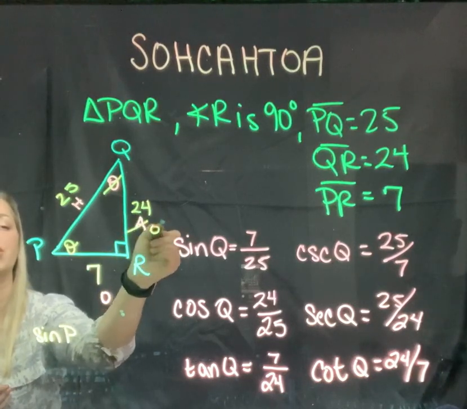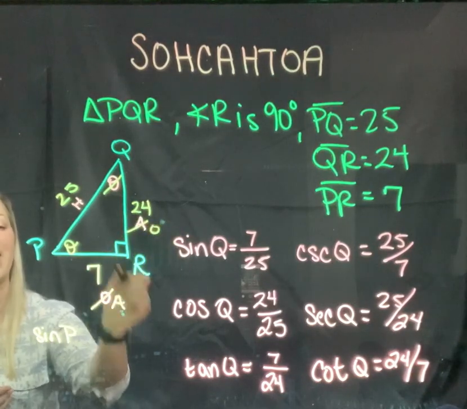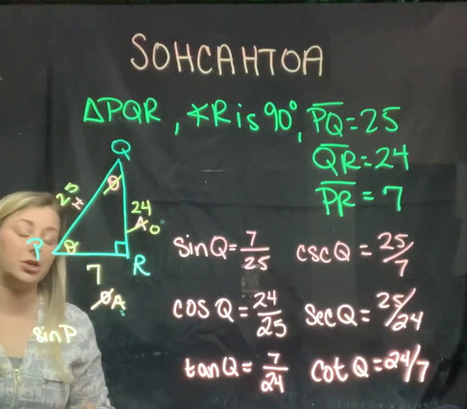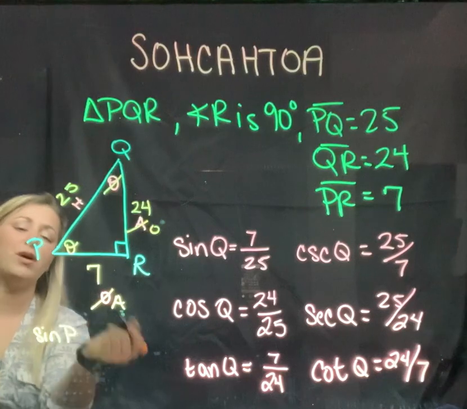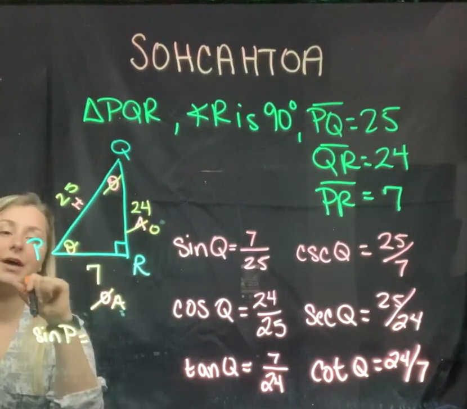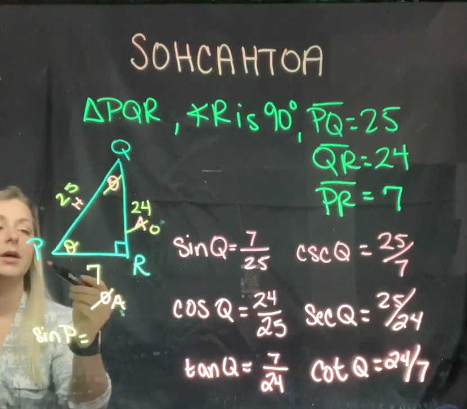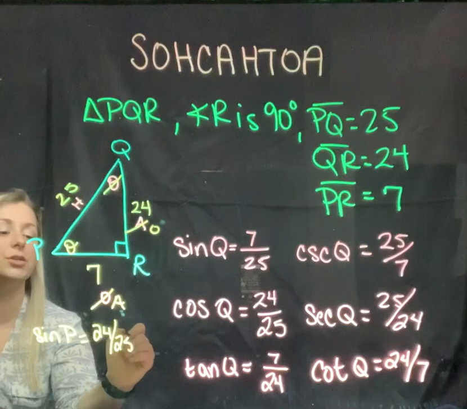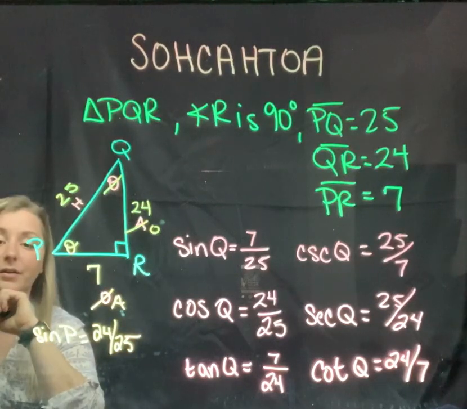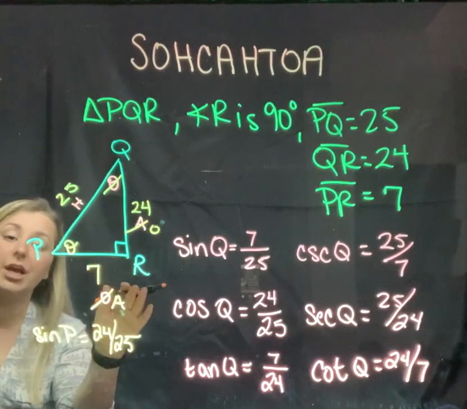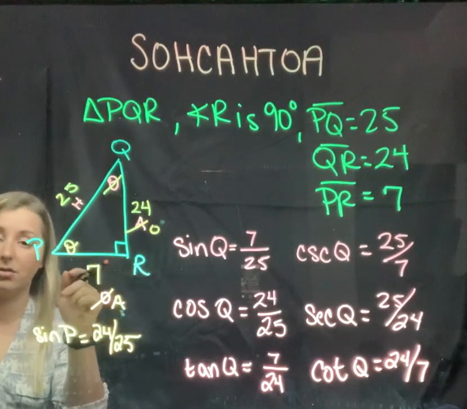So this changes to O, this changes to A, and the hypotenuse is always going to stay the same because it is opposite the right angle, the longest side of the triangle. So if I want sine of P, I notice that P is here. I want the opposite over the hypotenuse. Well, the opposite is 24 over the hypotenuse, which is 25. Okay, I can take any of the trig functions, it doesn't matter, but notice that the labels are changing because the angle has changed.